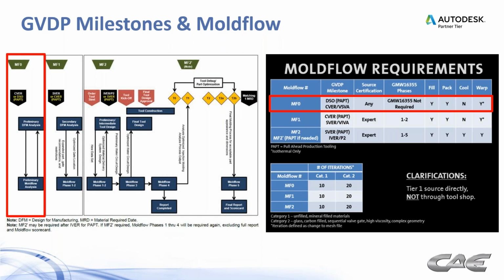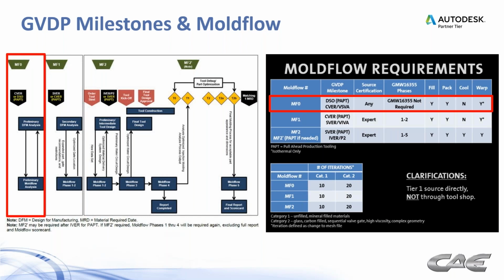Because it always had to go up the chain to get 100 signatures to make a design change, and meanwhile the mold maker is waiting to start cutting steel. So that's not the best use of Moldflow analysis. Really, the best use is well ahead in the design stage, so that you can affect part design to the extent that it improves the things you want to improve. So that's really the main idea here.